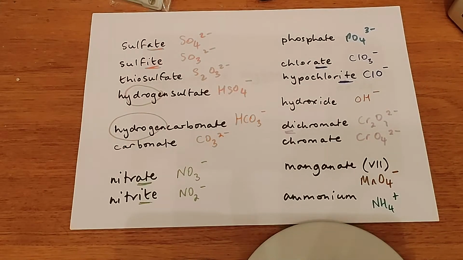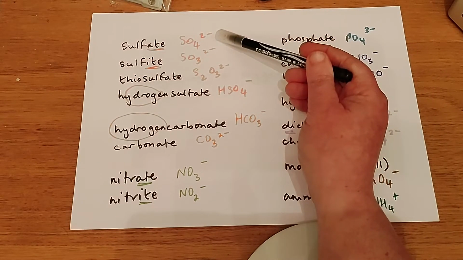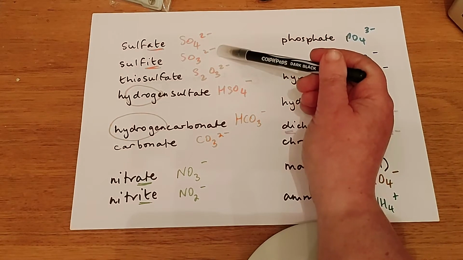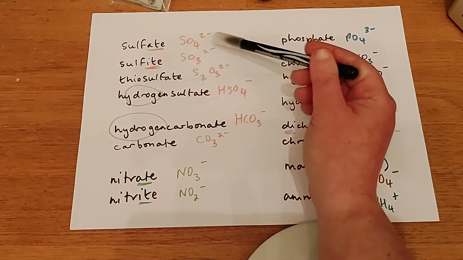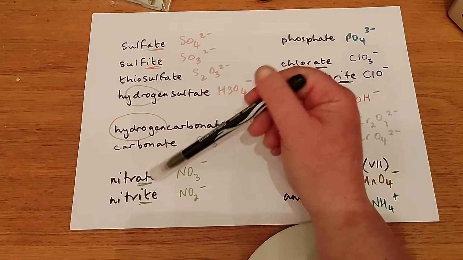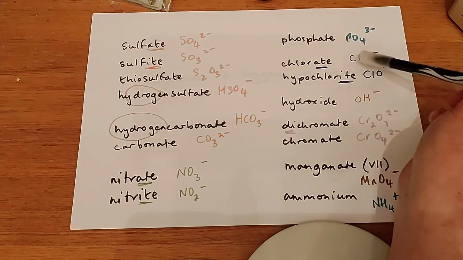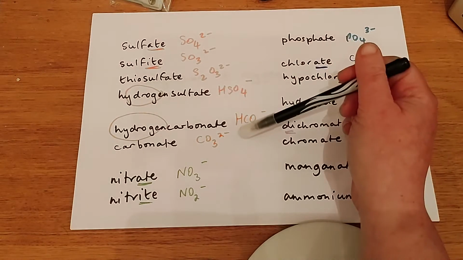The common examples that we looked at are here, and I've written them out already. We have sulfate, which is SO4 2 minus, and we have sulfite, which is SO3 2 minus, and you see the difference between these. Sulfate has 4 oxygens, sulfite has 3, and you'll notice that the other ones, nitrate, nitrite, chlorate and hypochlorite, the difference really is the number of oxygen atoms present.